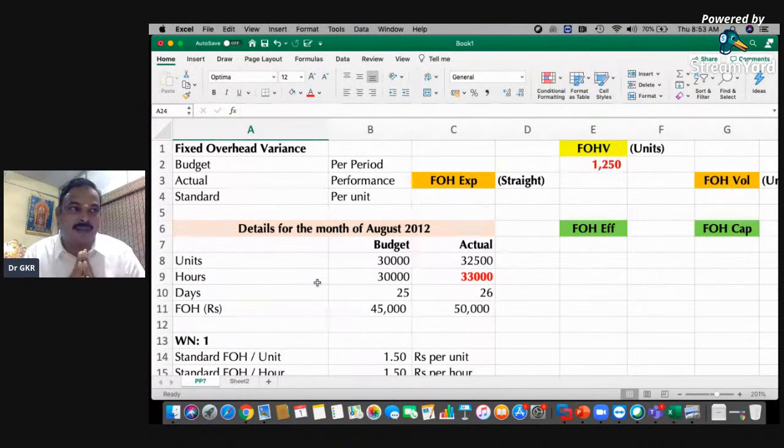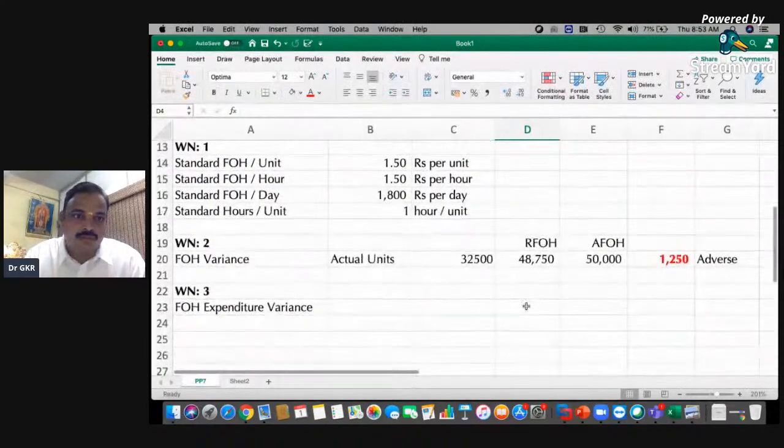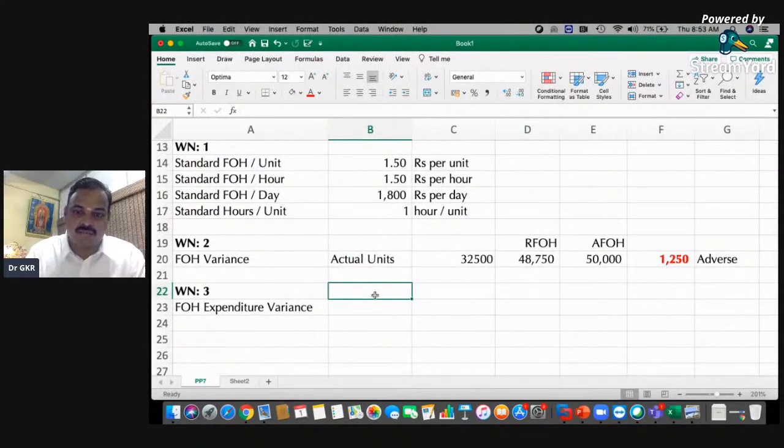In fixed overhead, we look at what you should spend for the month of August and what you have actually spent. So I will call this straight for the month of August. Put straight within brackets.